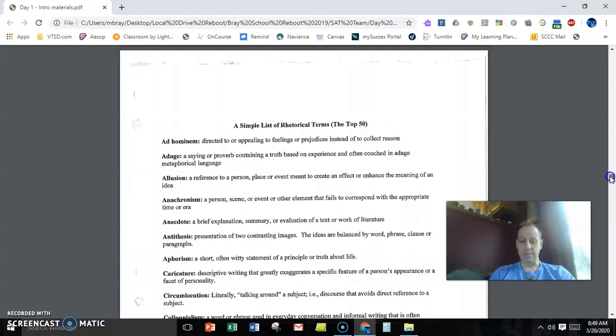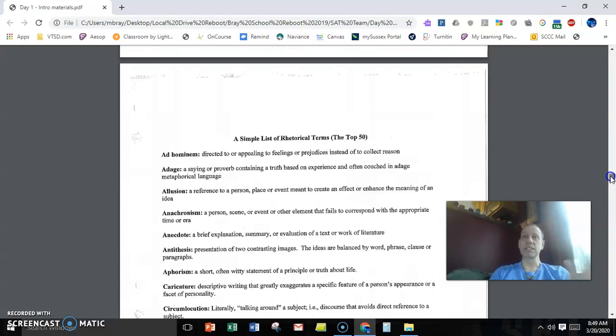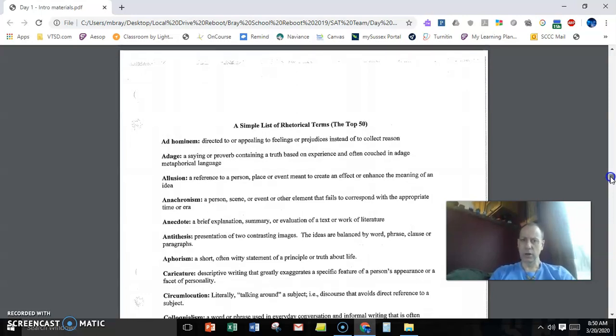I'm actually more inclined to say you need about 10 or 12. Let's say a dozen. If you can have a dozen rhetorical terms that you know, and more importantly that you understand and can identify in a passage, then that could be your go-to toolbox. And as long as you're citing some, then you're okay.